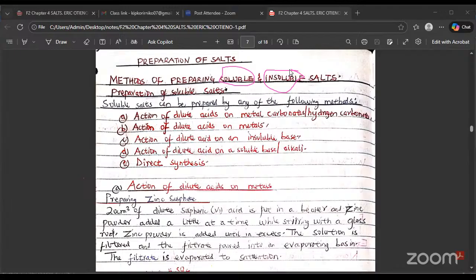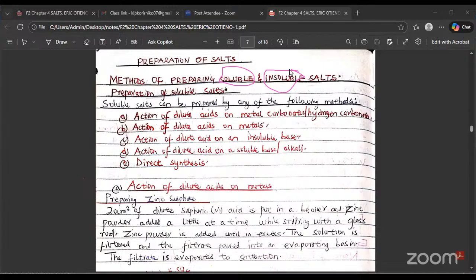Now I want to say this one, quote me anywhere: it is easier to prepare soluble salts than insoluble salts, because sometimes when you mix things, it could form a coating. For example, if you are preparing lead sulfate, mixing sulfuric acid and lead, that process will not continue, so it will stop immediately.